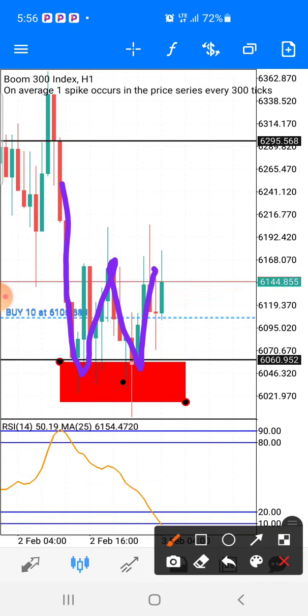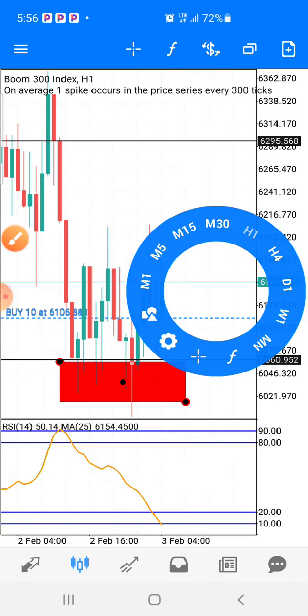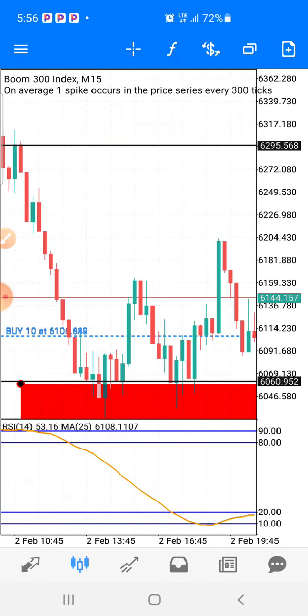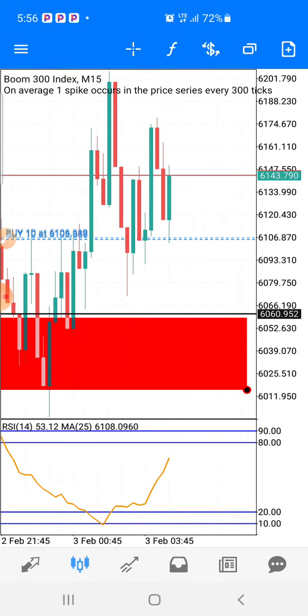After this, I know that I'm already looking for a buying opportunity. So I go down to something like the 15 minute time frame to confirm this. I went down and saw the same support level. Then coming up here, I discovered that the price started forming another support right there.